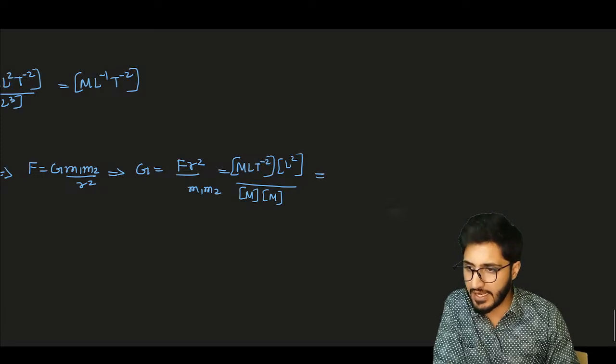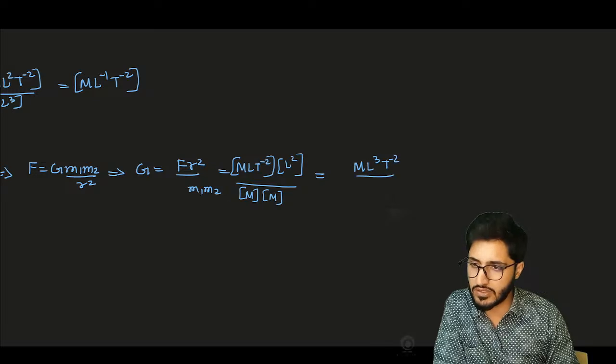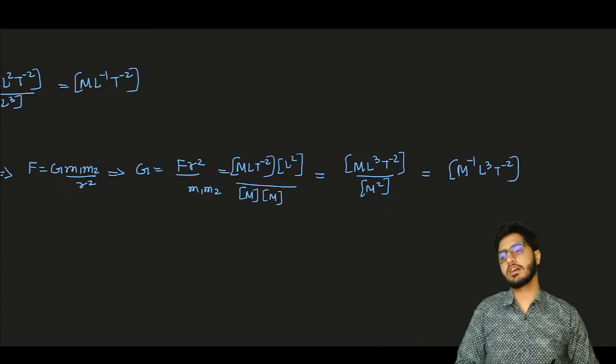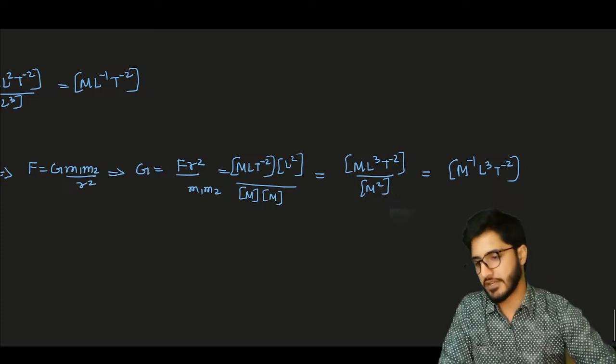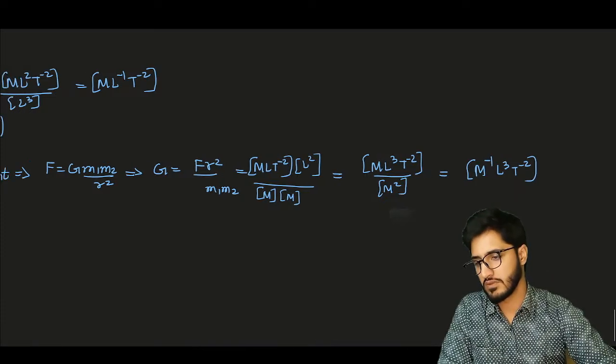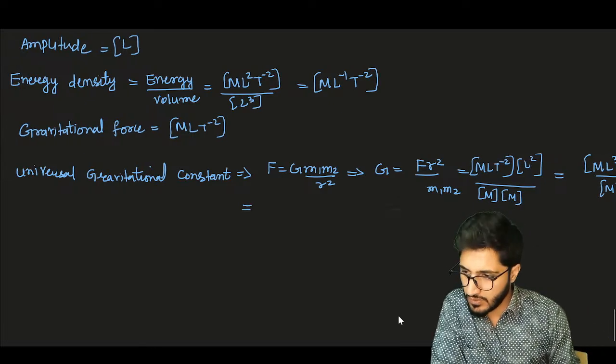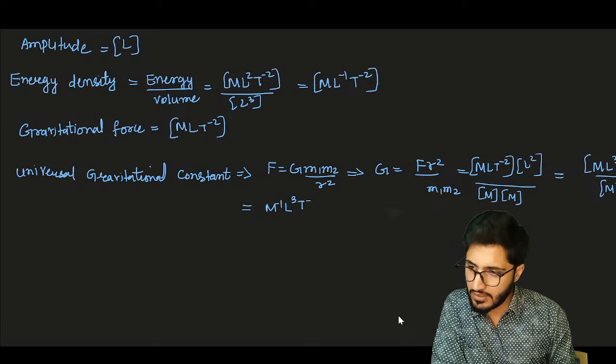So I think we can write it as ML3T minus 2 divided by M square. I can write it as M minus 1 L3 T minus 2. So I can write here now, M minus 1 L3 T minus 2.